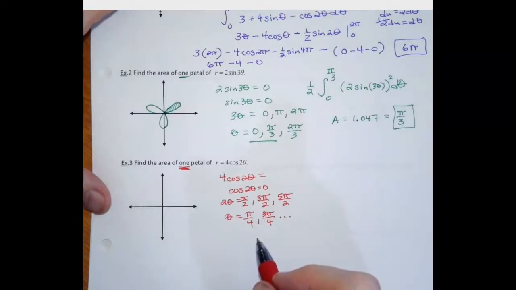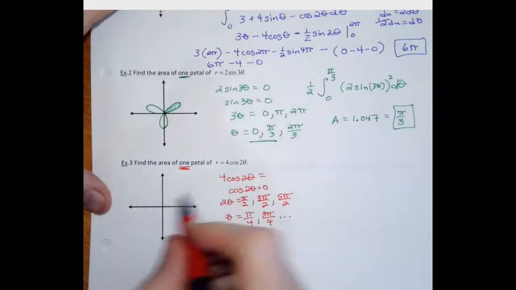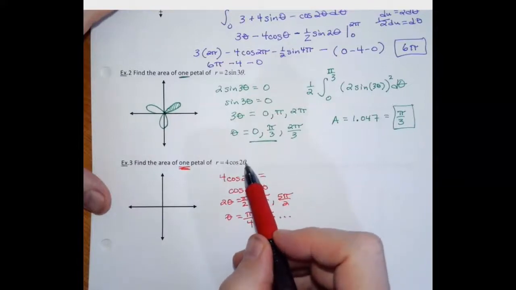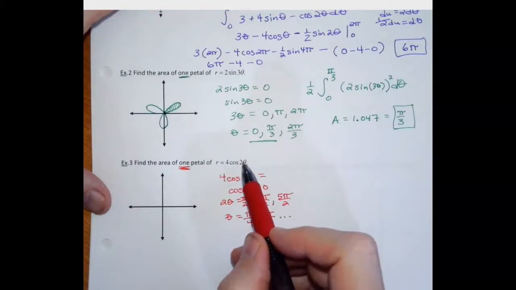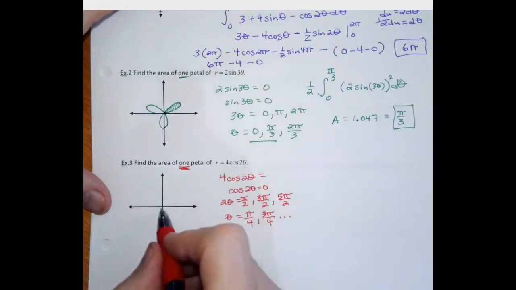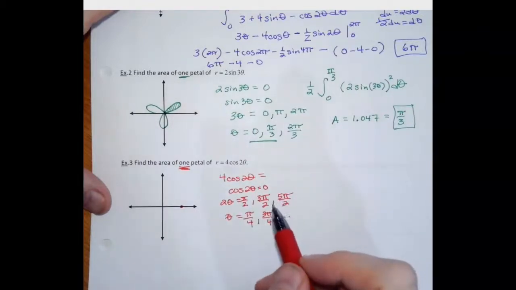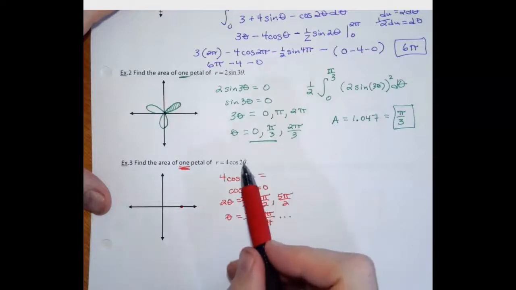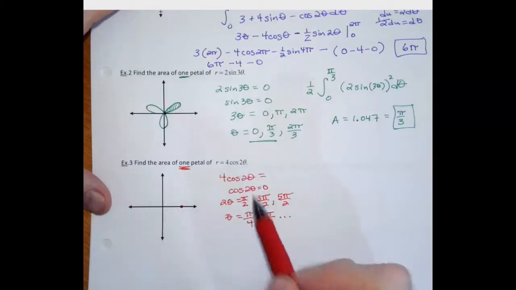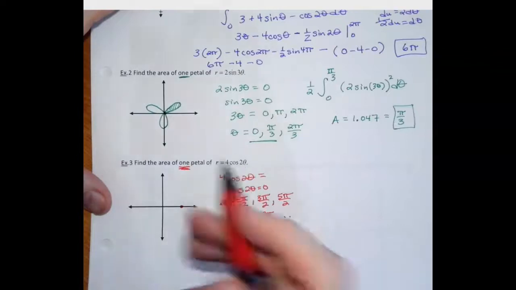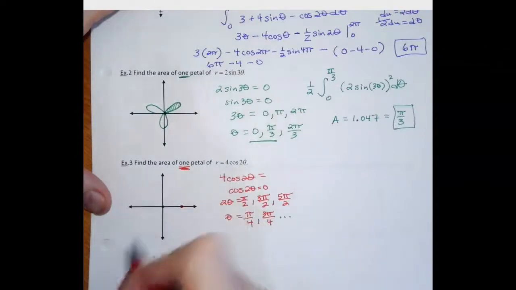So if we plug in 0 for theta, then we would get 4. So at 0, we're at 4 over here. And then at pi over 4, we're going to get cosine of pi over 2, which is 0. So that would bring us back to here.